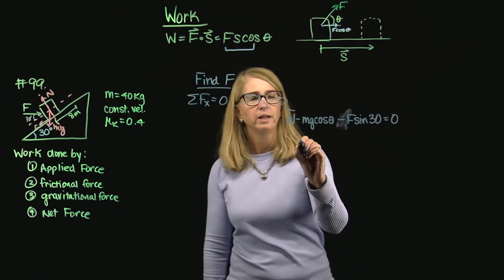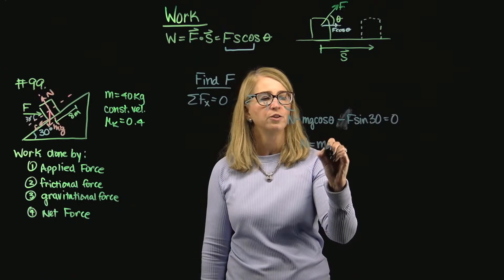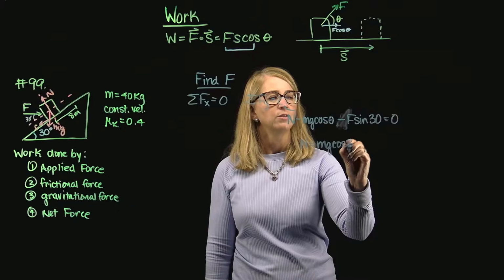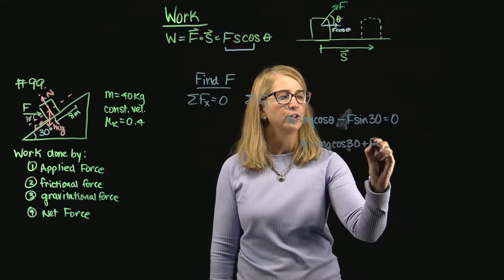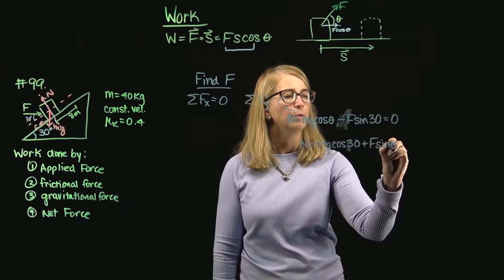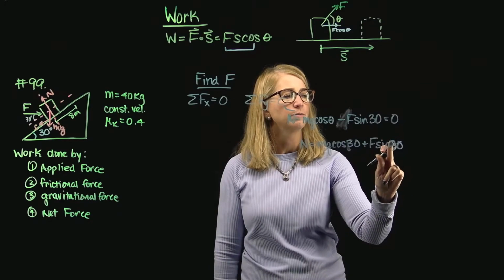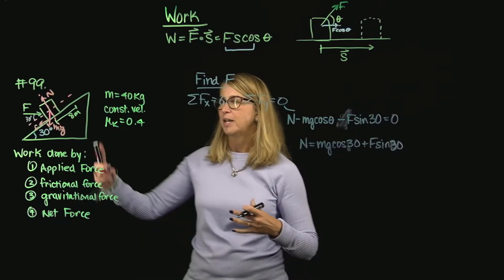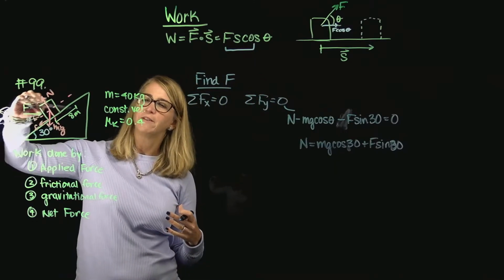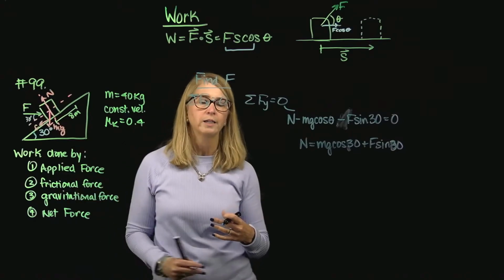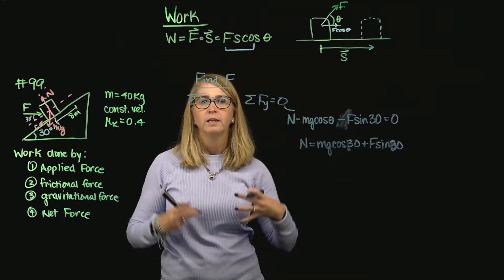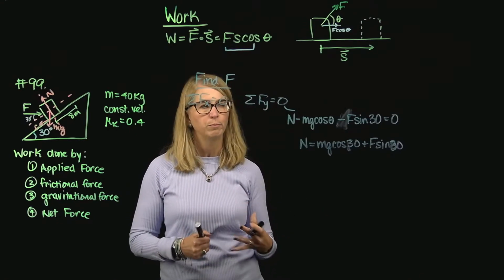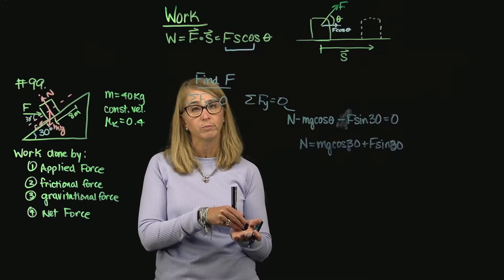And so here, my normal force is not just equal to the y component of the weight, but it also adds a component of that applied force, which is F sine of 30, because at some level, that force is pushing the block into the inclined plane, increasing the normal force, which is in reaction to how hard that box pushes into the plane.